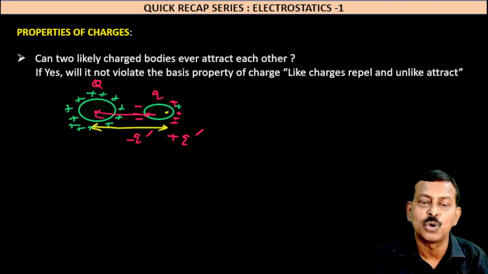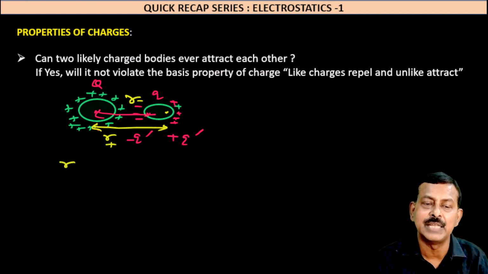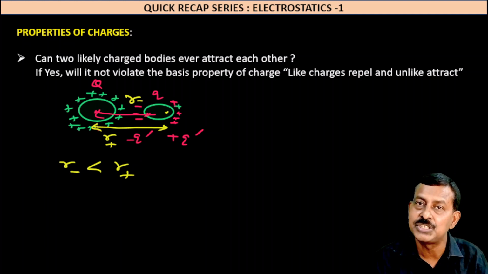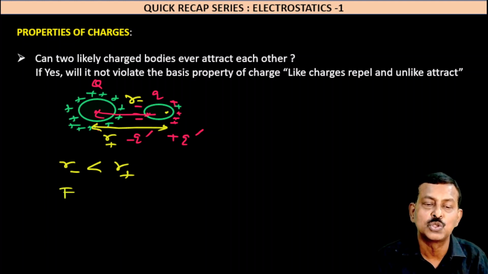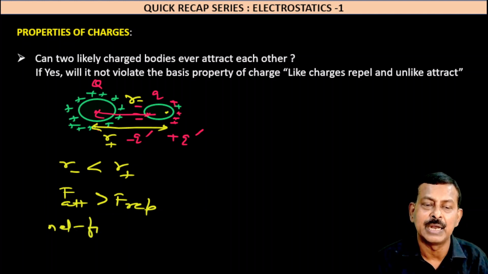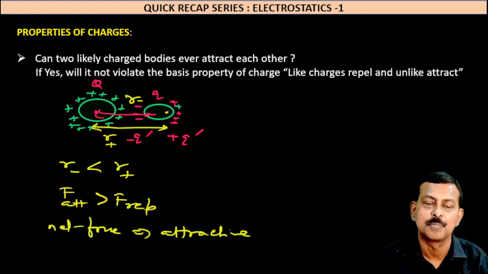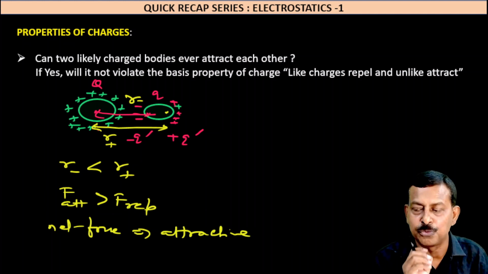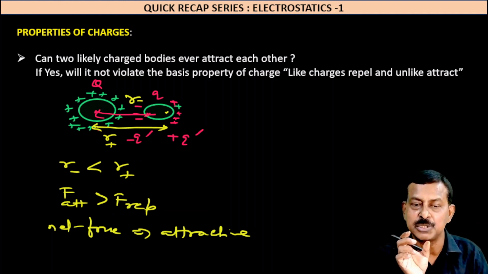As you can see, this distance between oppositely charged parts is less than the distance between the like charges. So the force of attraction will be more than the force of repulsion. So the net force is attractive. This is why there will be a force of attraction between the two bodies.